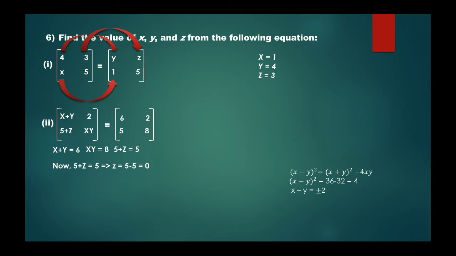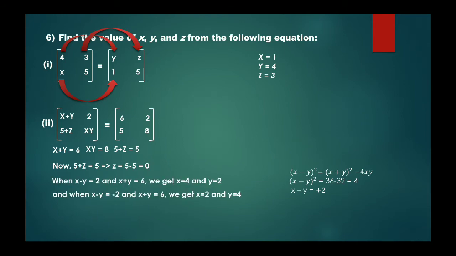So cancel the squares. We get x minus y equal to plus or minus 2. So the value of x minus y can be either plus 2 or minus 2, so we'll have two cases. First we'll do the plus 2 case.